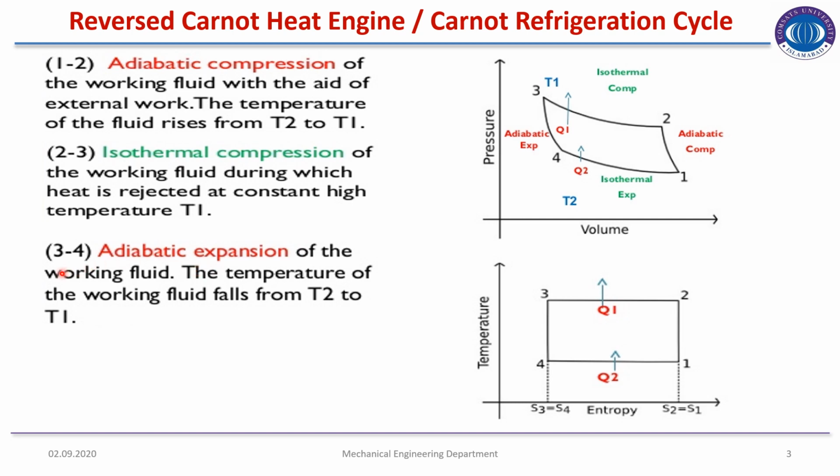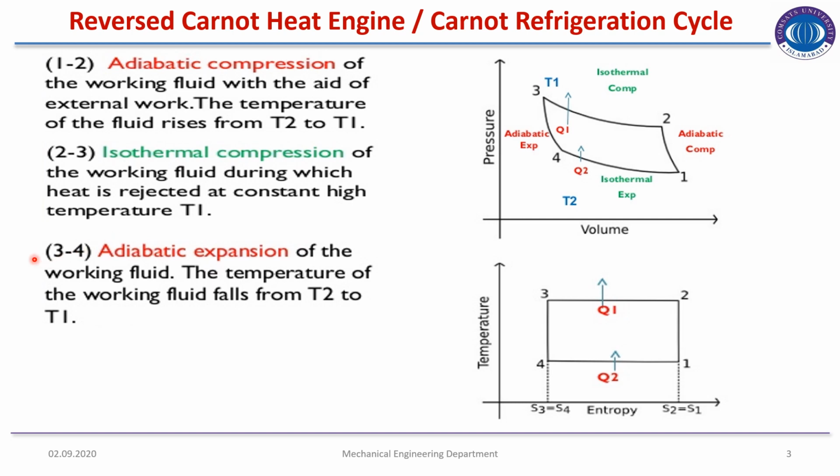For process 3 to 4, this is known as adiabatic expansion. On the PV diagram, you can see process 3 to 4, and adiabatic expansion is written on the left hand side in red color.